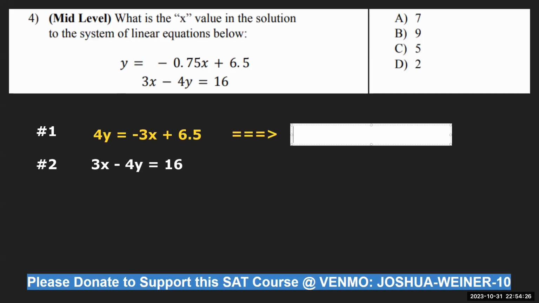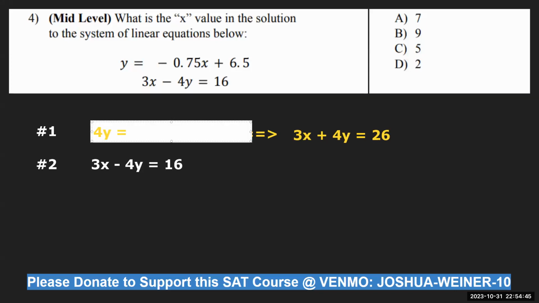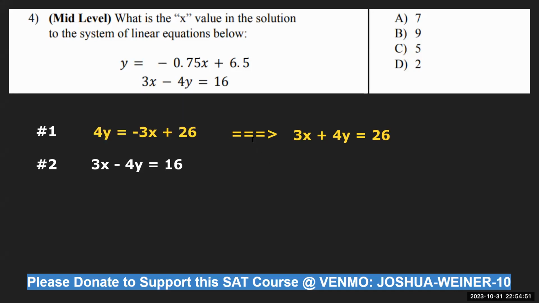It's in standard form. Then we'll have 3x plus 4y equals, actually it's 26. Why did I write 6.5? Hold on, please. I forgot to multiply the 6.5 times 4. I did that earlier when I was working on it. Negative 3x plus 26. Right. Okay, so that's the same equation, but now it's in standard form.